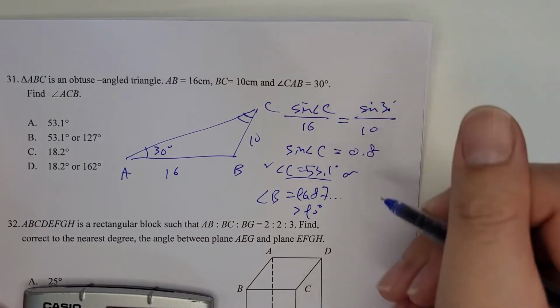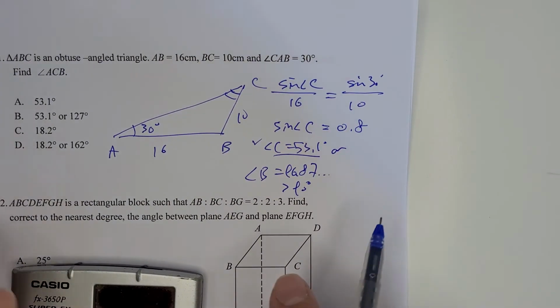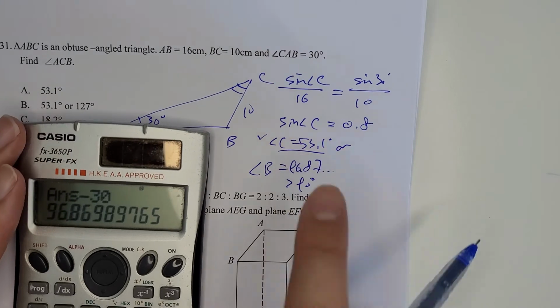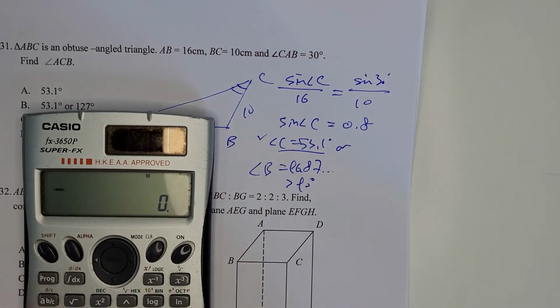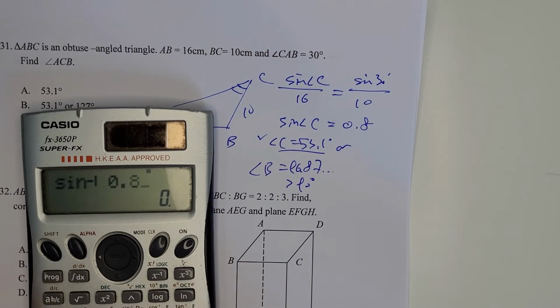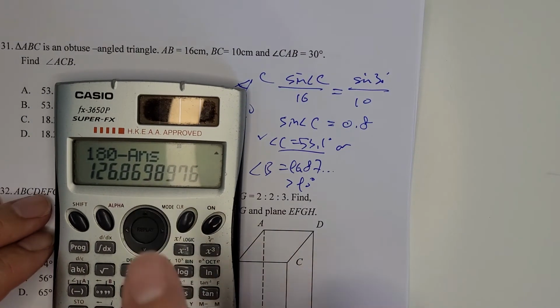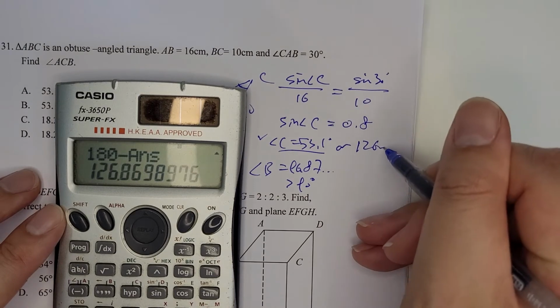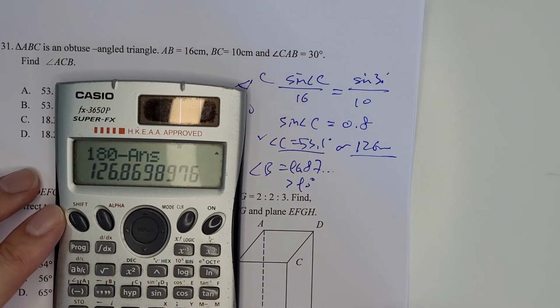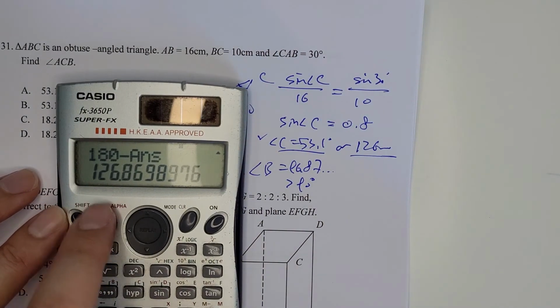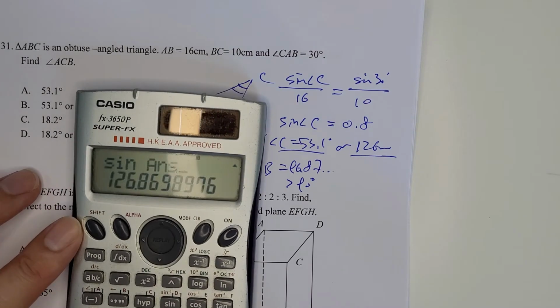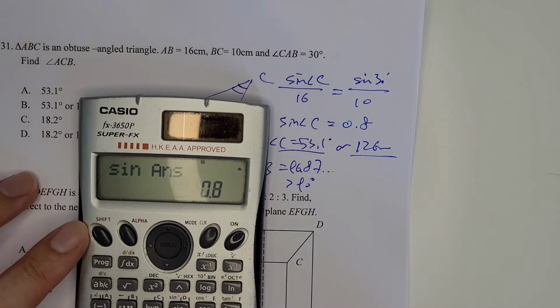And angle C has another possibility, that is either angle C equals 53.1 something or 180 minus this one, 126 something, which is obtuse. So you can check, when you press sine of this answer, you'll get back 0.8.